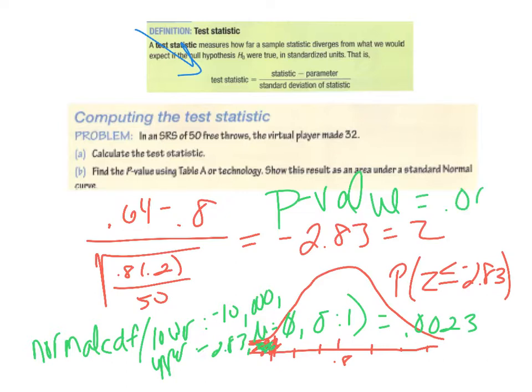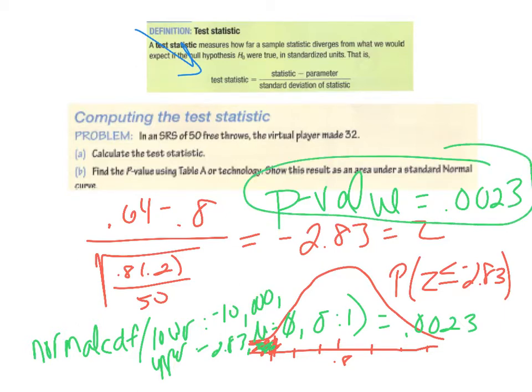So I have calculated my p-value, 0.0023. What that means is, if my null hypothesis is true and the player makes 80% of his free throws in the long run, there is only about a 0.0023 probability that he would make 32 or fewer of the 50 shots by chance alone, which is just this little area right there.